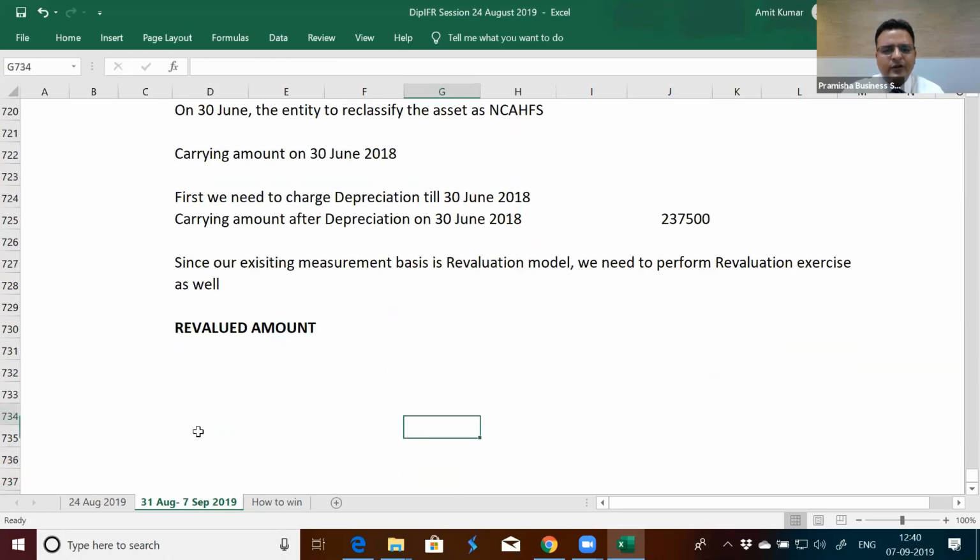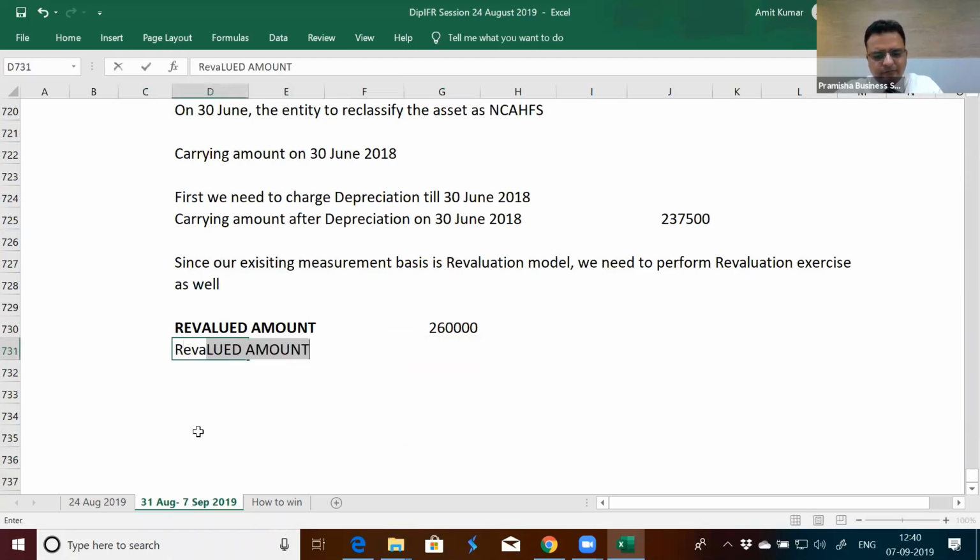So the revalued amount is 2,60,000. How much will go into revaluation surplus? 2,60,000 minus carrying amount immediately before revaluation. 22,500 will go into revaluation surplus. 2,37,500 is the amount immediately before the revaluation exercise.